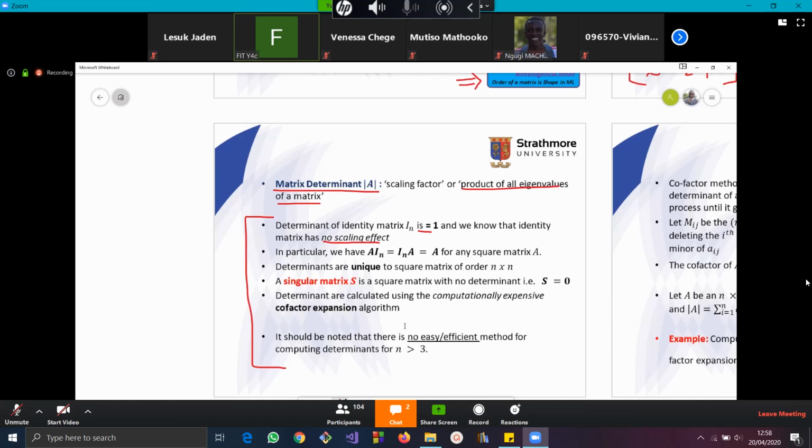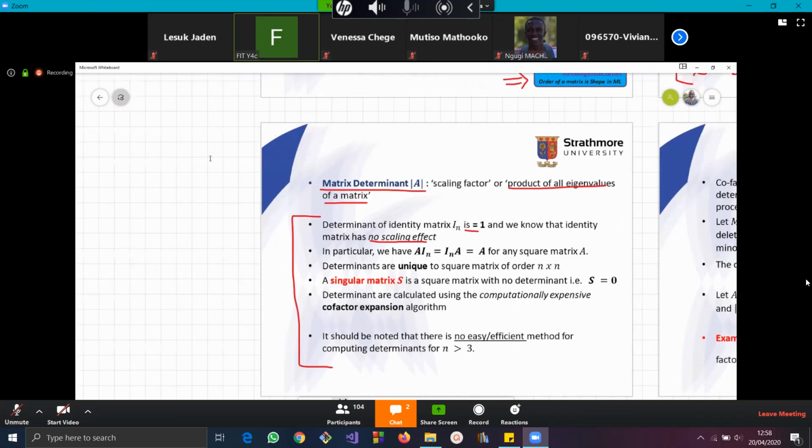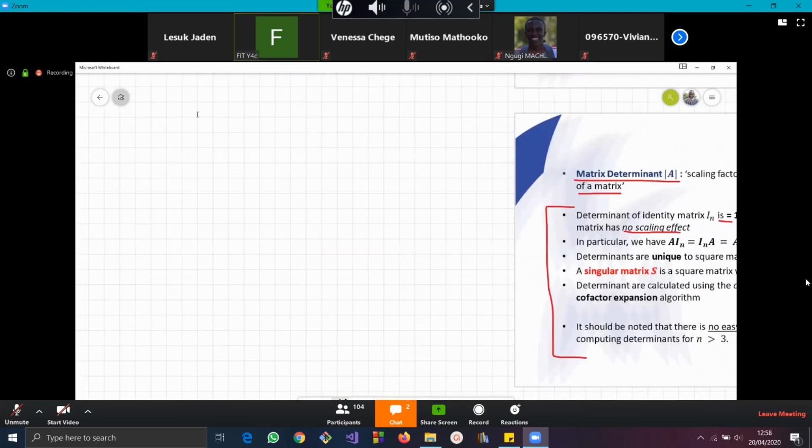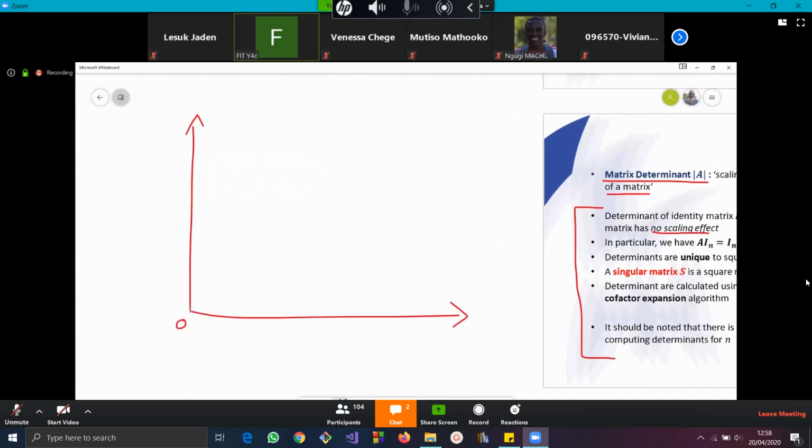What do I mean by doesn't do anything? Why do we need matrices? The idea here is that a matrix is going to do things like the following. We have things we call vectors. This is a 2D space.